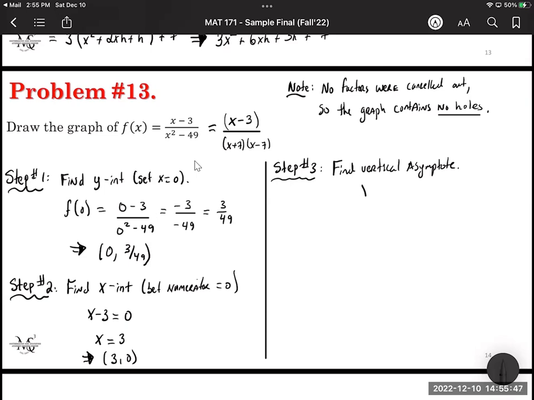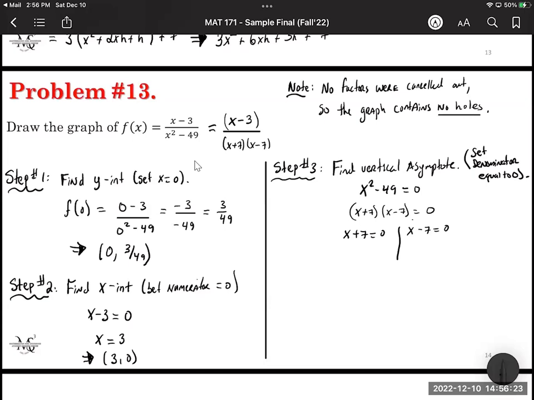So you see the denominator was originally x squared minus 49. So you set it equal to 0, and you're going to solve for x, right? But our denominator in factor form was x plus 7 times x minus 7. So when I set this equal to 0 and split this into two equations, we get x plus 7 equals 0, and we get the equation x minus 7 is equal to 0.